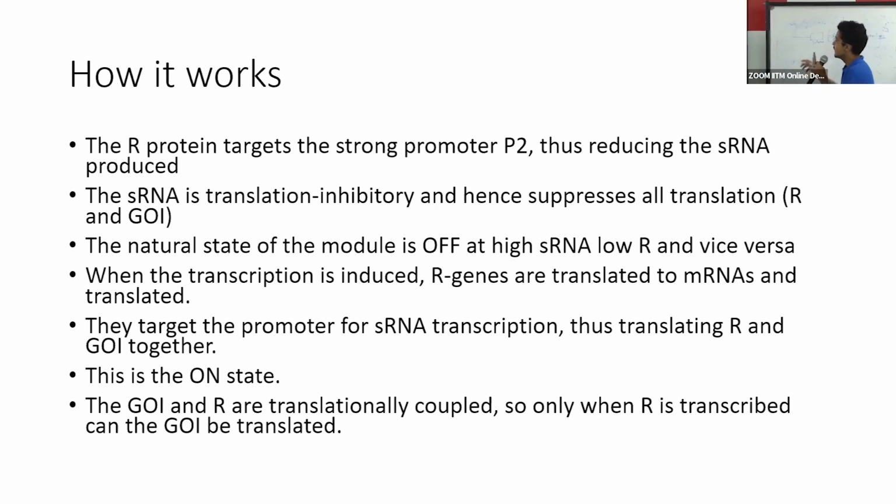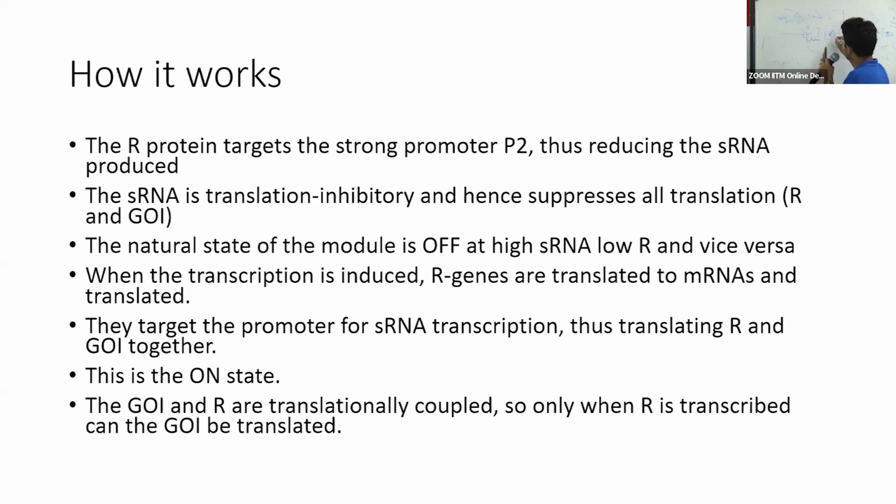Now, consider the state where we induce, where we have our inducer that goes in, and it will start the translation of a transcription factor over here. The transcription factor, when activated, will start the transcription and the translation effectively of the repressor. And as the repressor is being produced, it will start inhibiting the production of the sRNA, which means the translation will be allowed now.